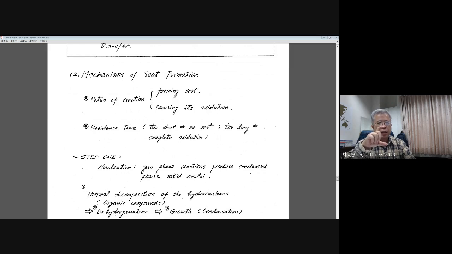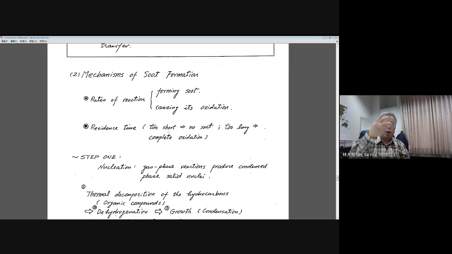If you do not have enough residence time, the fuel does not have enough time to cut down all the chemical chains to release carbon atoms. Even if some carbon atoms come out, they do not have enough time to migrate to produce a large carbon particle.